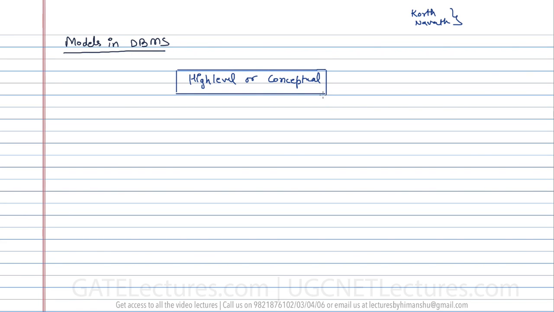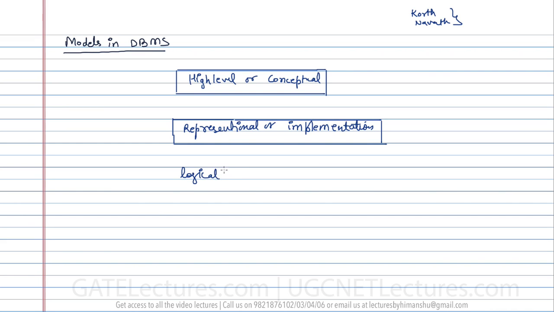Then we have the representational or implementational model, or you can say the underlying layer, that is the representation layer or implementational layer. And the third one is called the logical level or physical data model.